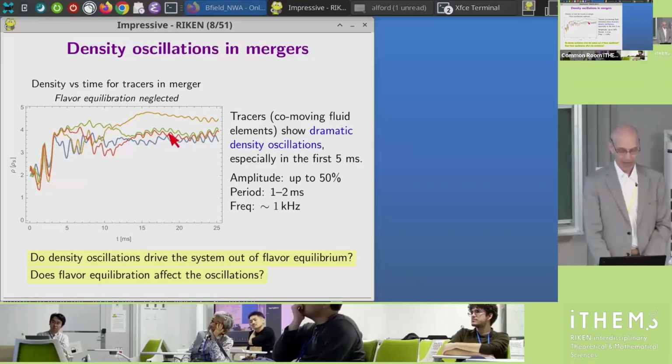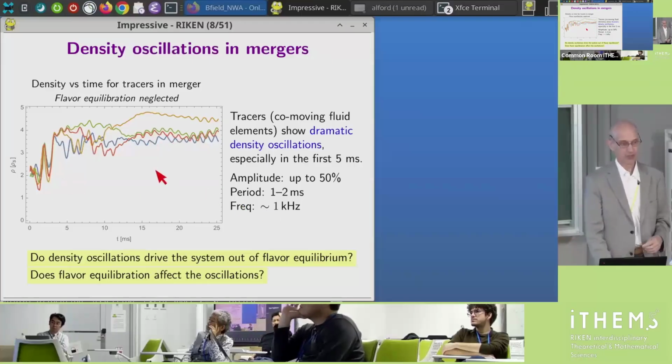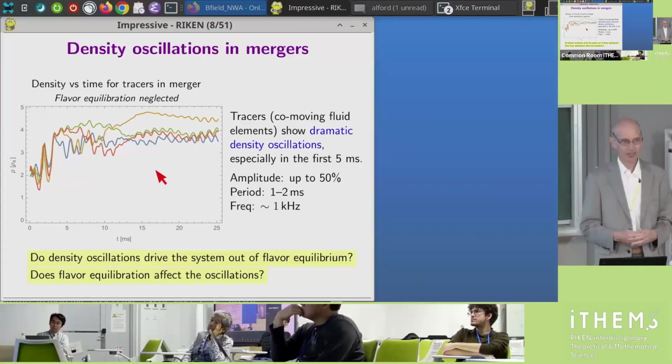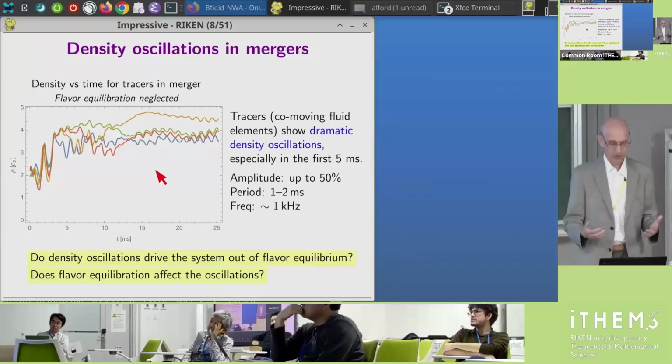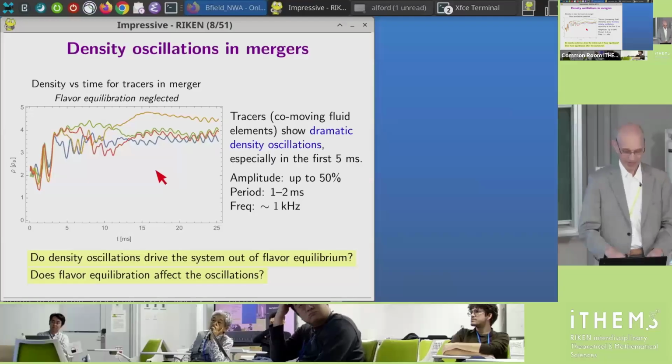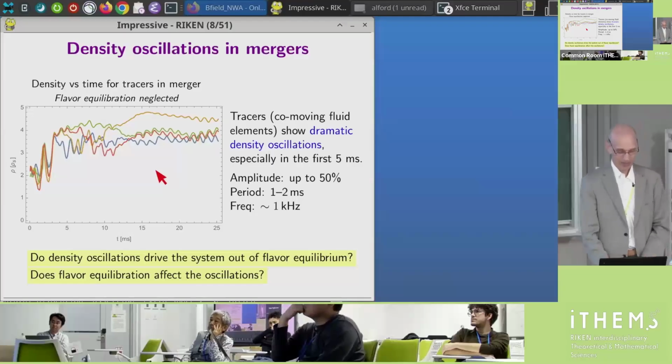And secondly, the amplitude could be quite big, and the period is in the 1 to 2 millisecond range, so we're talking about frequencies around a kilohertz. That's not a surprise. In general, neutron star oscillations all tend to be in the kilohertz range, for reasons to do with how big a neutron star is and the speed of sound. You divide those and you get things around 1 millisecond, plus or minus a factor of 10 either way.